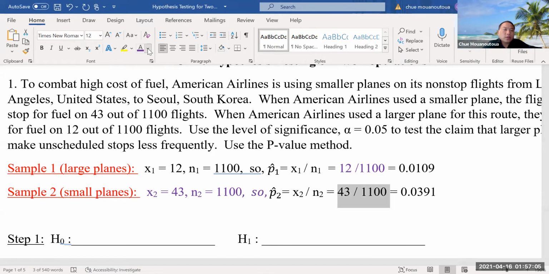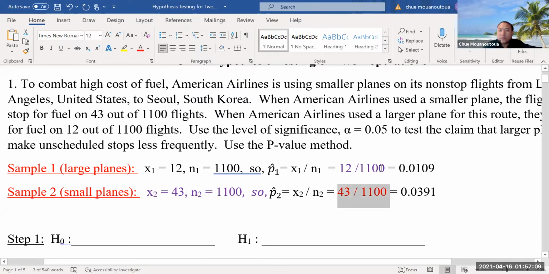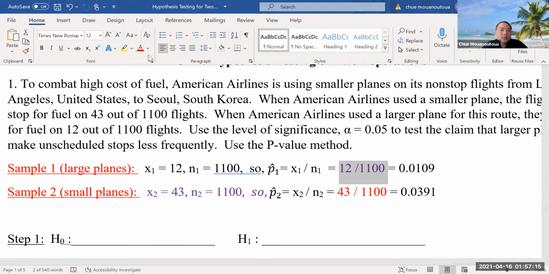So those are how you get the p hat and q hat. This is nothing new. We've seen this already for p equal x divided by n. Same thing here. So just be aware of the notation.